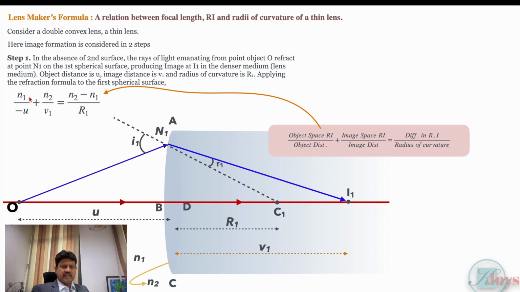So N1 by minus U, object distance, plus image space refractive index. The image is in the denser medium where the refractive index is N2. So N2 by image distance, that is I1 distance V1, is equal to image space refractive index minus object space refractive index, N2 minus N1, by R1. R1 is the radius of curvature of the first surface.